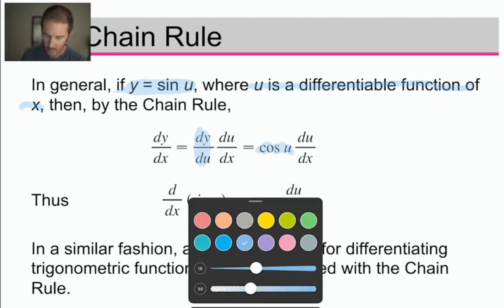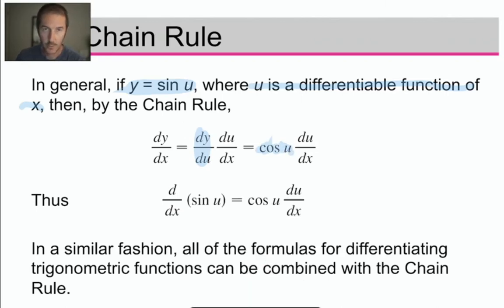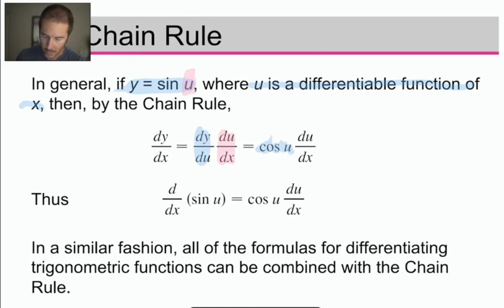And then we have to multiply by the derivative of the inner function. There's the inner function u, and we don't know what it is yet. So for the moment, that's just sitting there waiting for someone to tell us what u is. Once we know what it is, we'll take the derivative, drop it in.